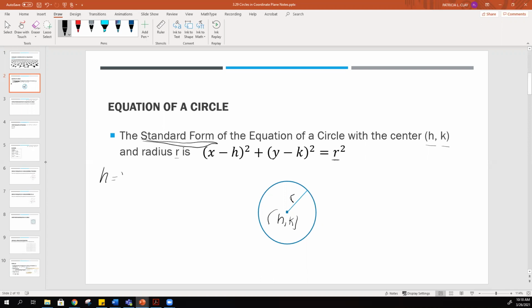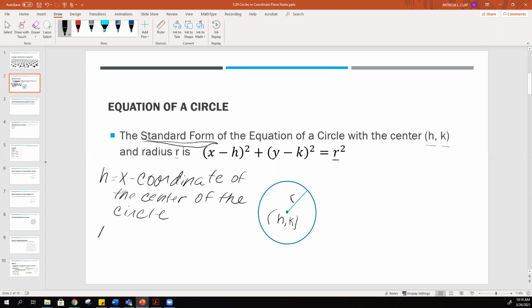H is equal to the X coordinate of the center of the circle, okay?